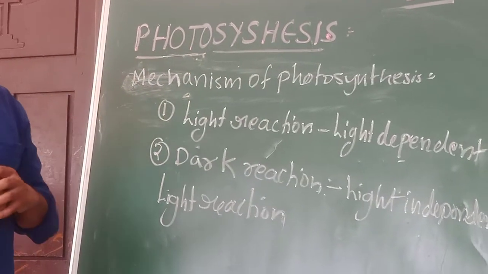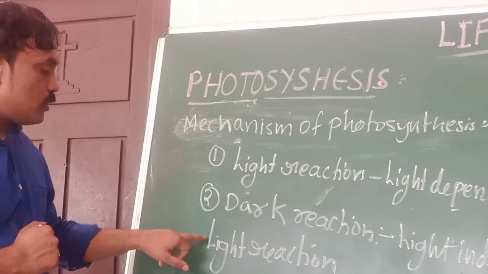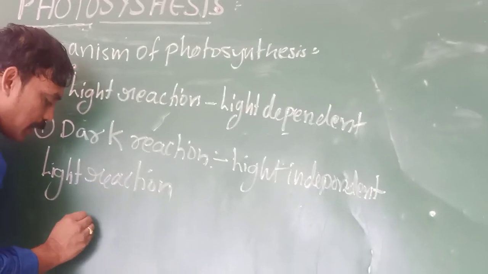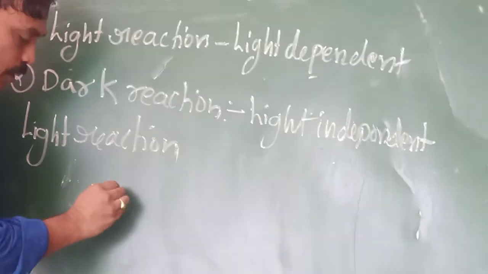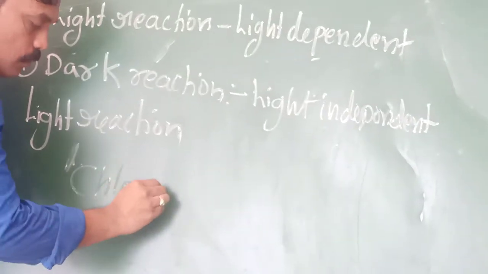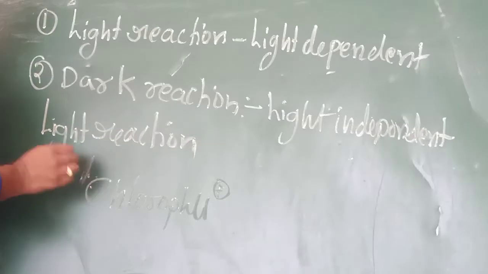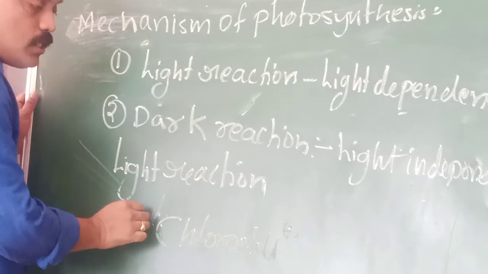In light, energy photons are there. These photons are absorbed by chlorophyll. The first step is the activation of chlorophyll. The chlorophyll is activated by absorbing the sunlight.